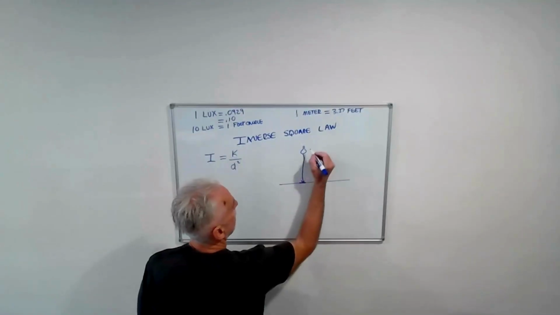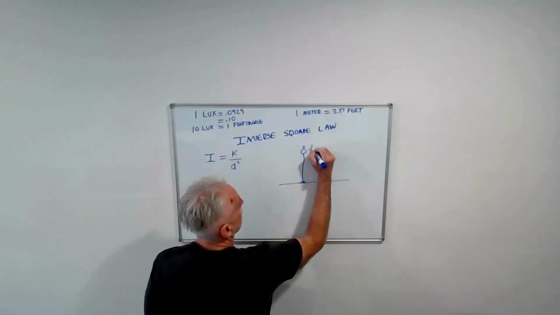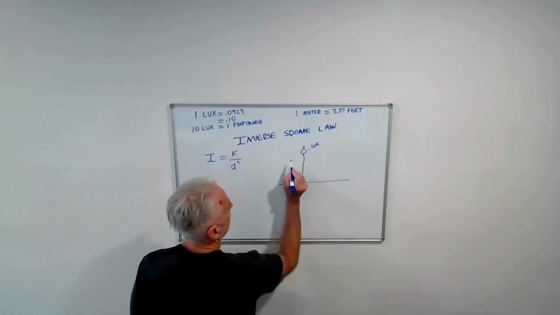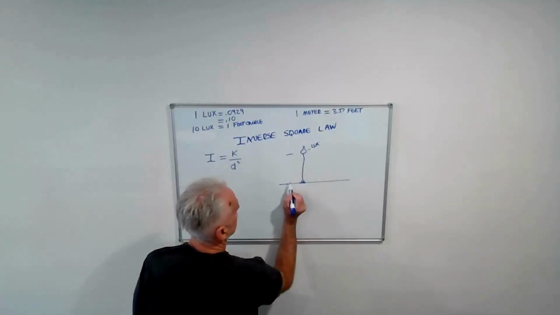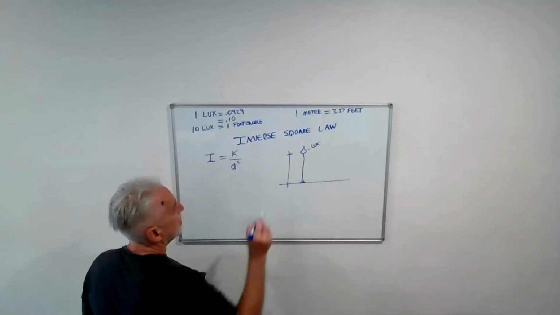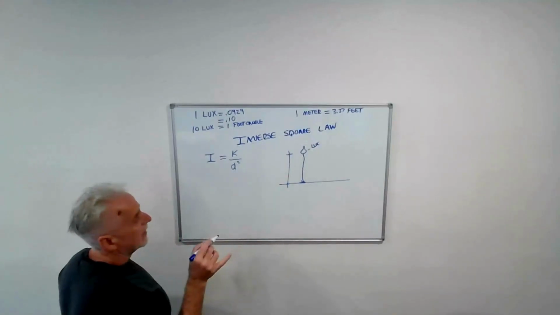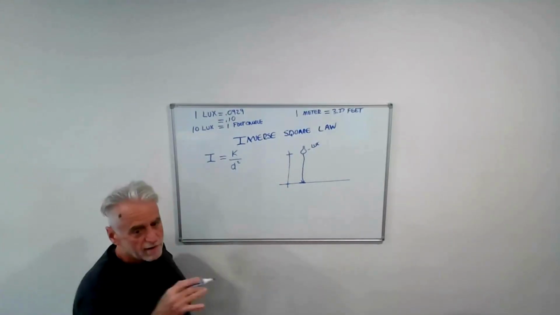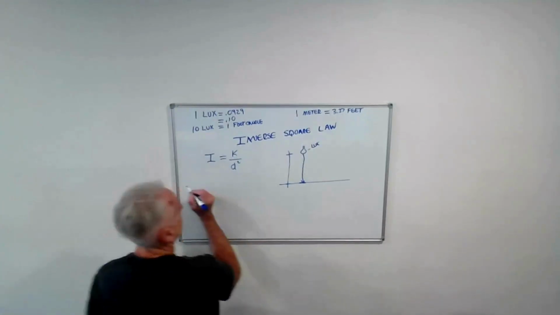And I'm going to take into account the lux value of the lamp and the distance between the source and the surface. So for this exercise, we're going to use 1200 as our lux.